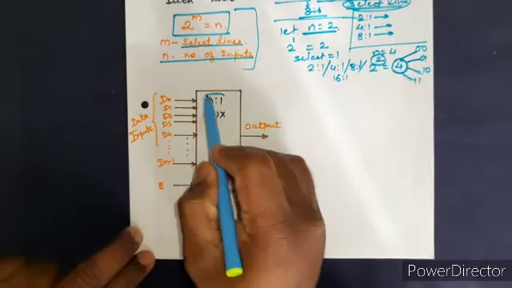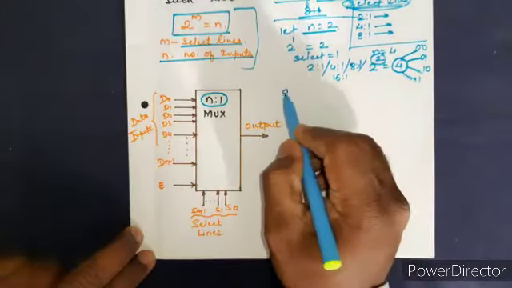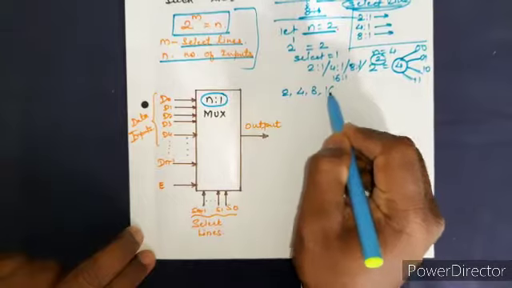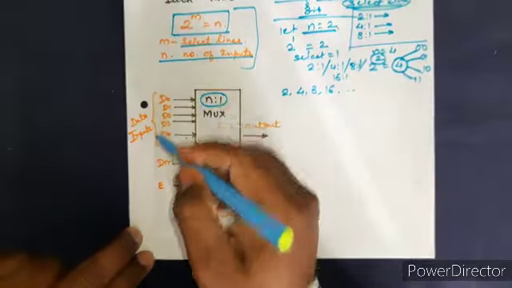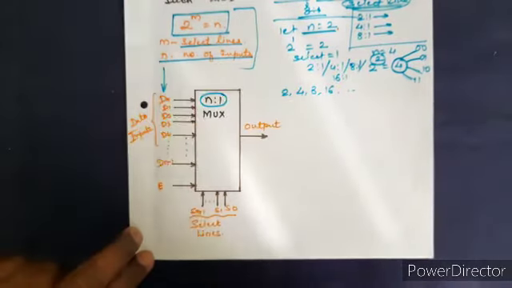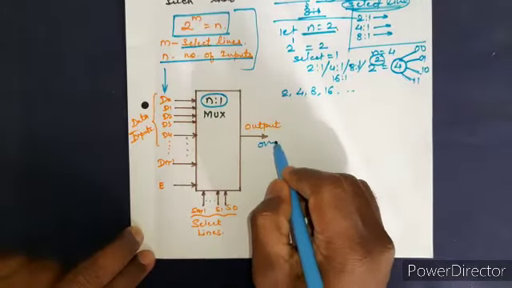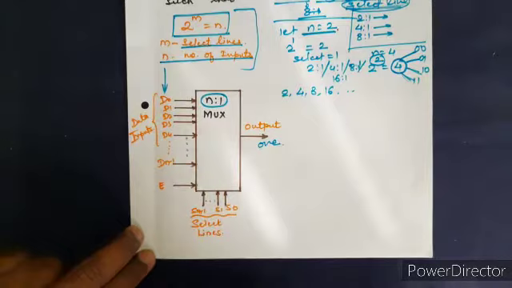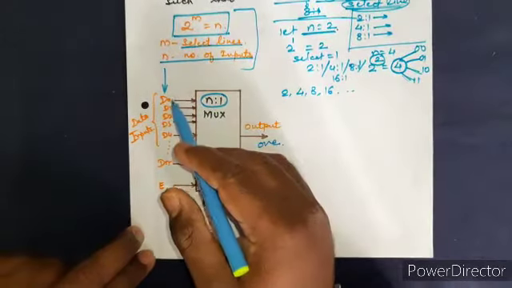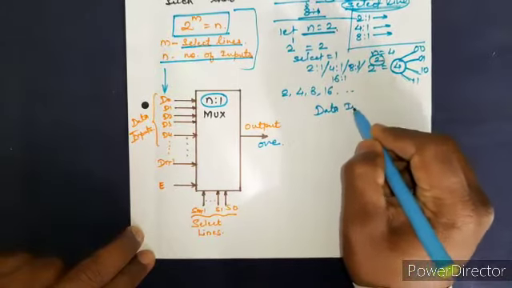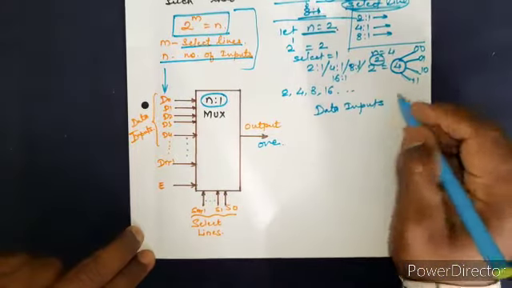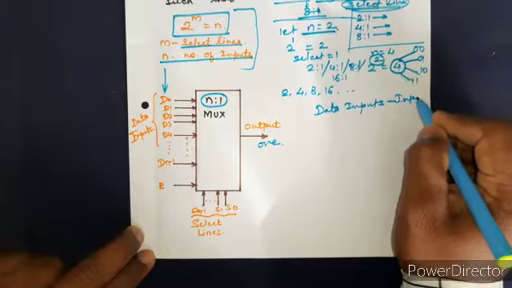As I said, n is to 1, so n can be 2, 4, 8, 16 and so on. You can see it has many inputs on this side and one output. Inputs means data inputs.